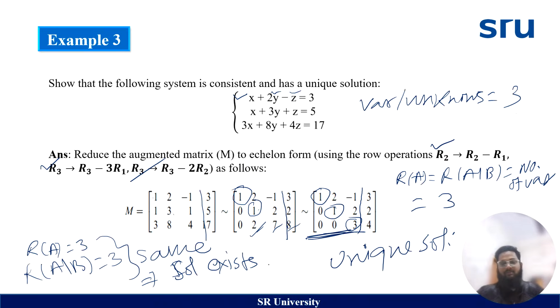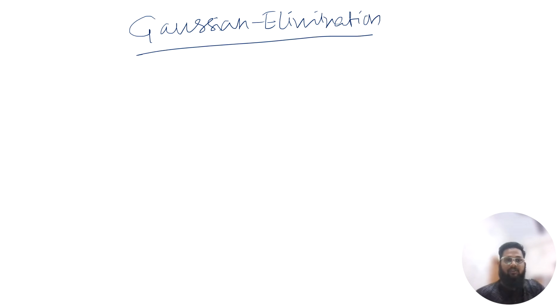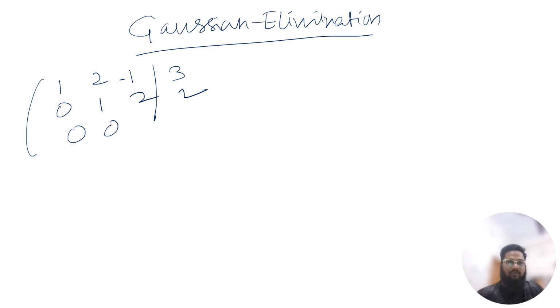Now how to find the solution? This is called the Gaussian elimination method. Gaussian elimination says that after the row echelon form of the augmented matrix, you do the back substitution method. So if you see the previous result, we got 1, 2, minus 1, 3; 0, 1, 2, 2; 0, 0, 3, 4.